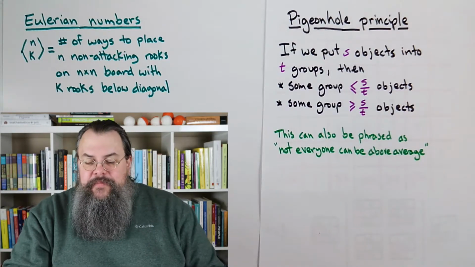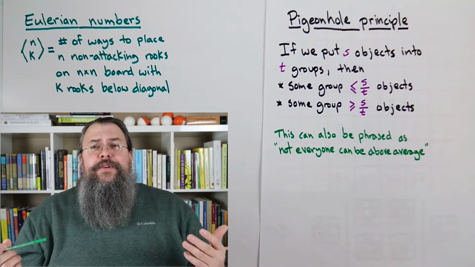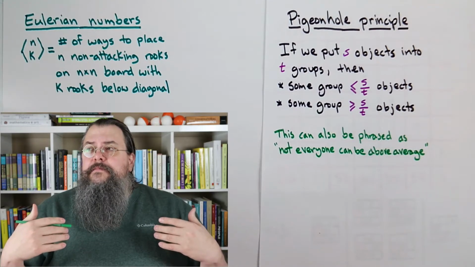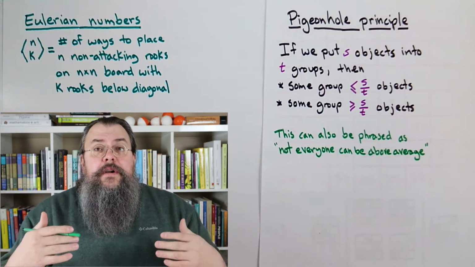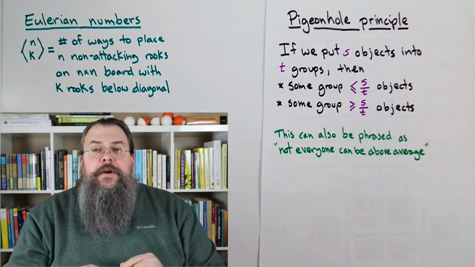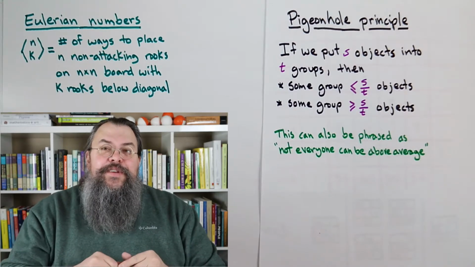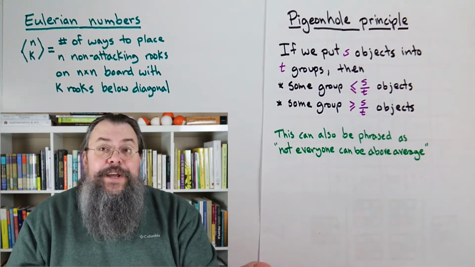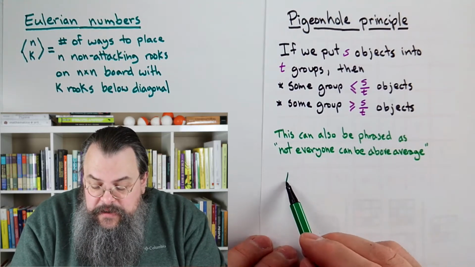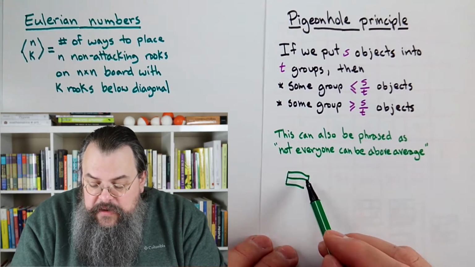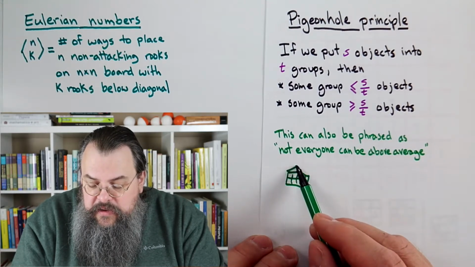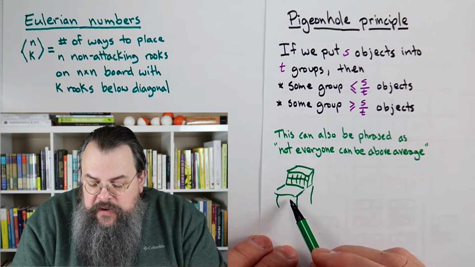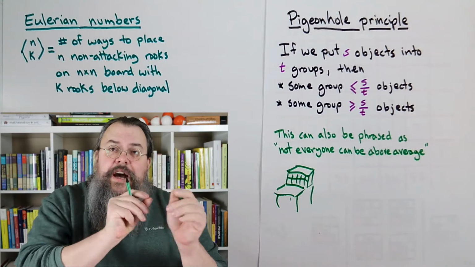Okay, good. Now, how does this pigeonhole principle relate? What we want to say is, what are our objects? What are our groups? You might say we can think of the objects as the pigeons and the groups as the holes. That's not quite what a pigeonhole is, by the way, in terms of where the phrase comes from. If you look at some old desk, you'll see they had this little thing where you could stuff documents and so forth.